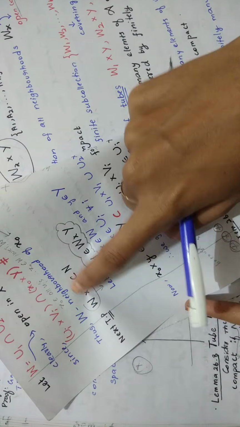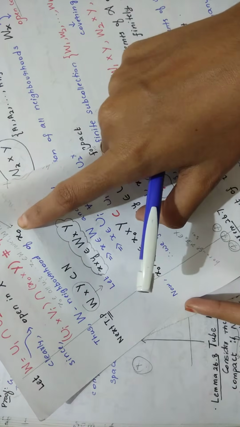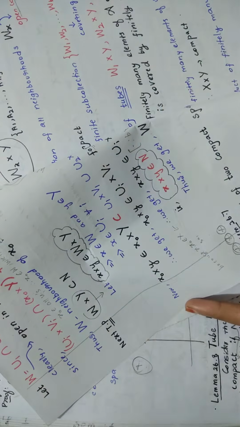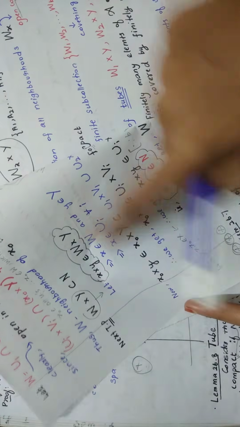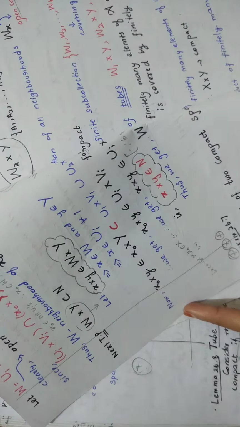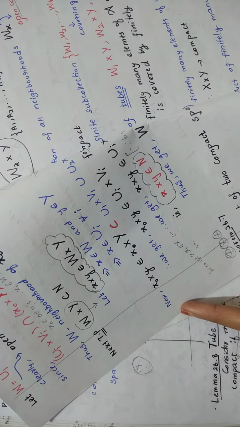First you will prove W is a neighborhood of X naught, and then you will prove W cross Y, that is our tube, is contained in our open set N. That is our tube is present inside the open set N. That is what you will prove in this proof.